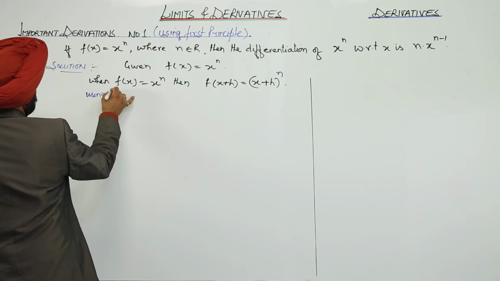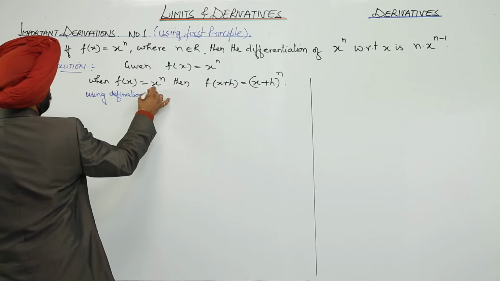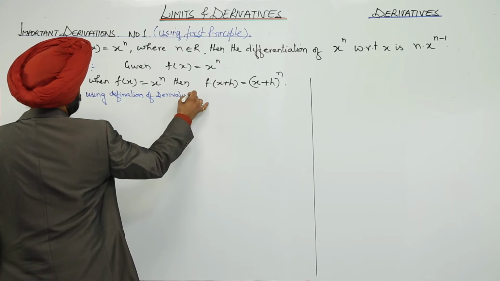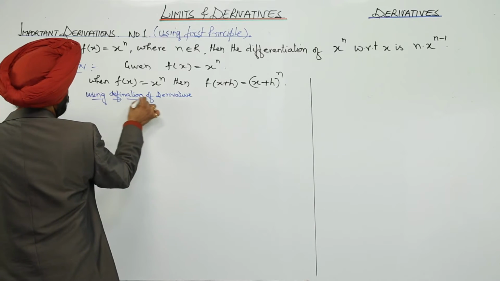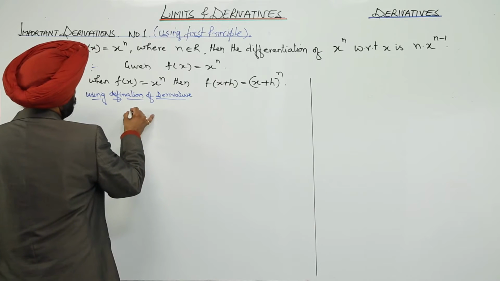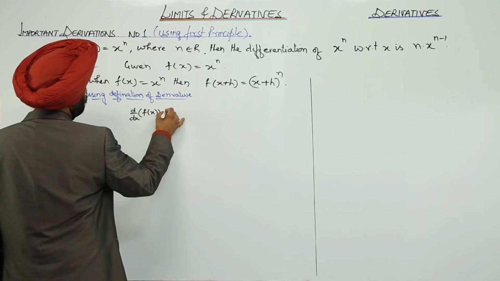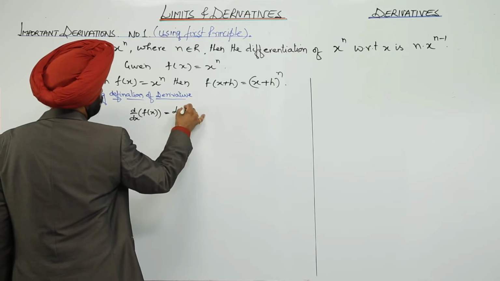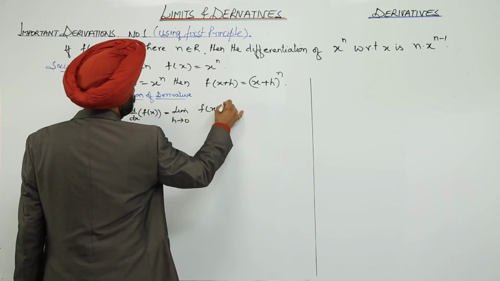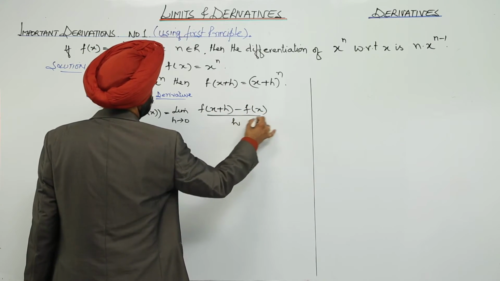Now using the definition of derivative. What is the definition? d by dx of f(x) is equal to limit h approaches to 0 of f(x plus h) minus f(x) upon h.